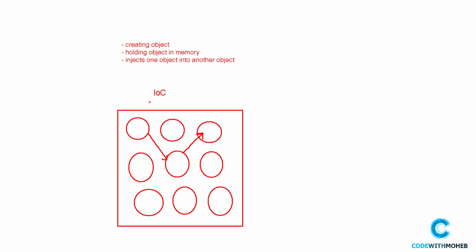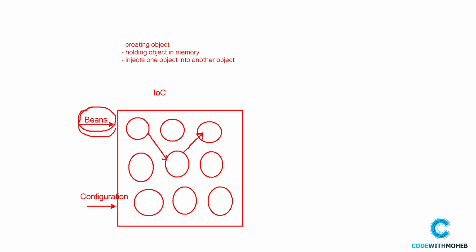The question comes here: how can the IOC Container perform all these things? IOC Container needs two important things. The first, which is very important, is beans, and the second, which is very important, is the configuration file, which is nothing but an XML file.